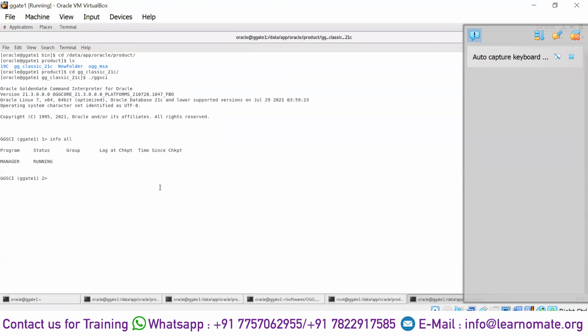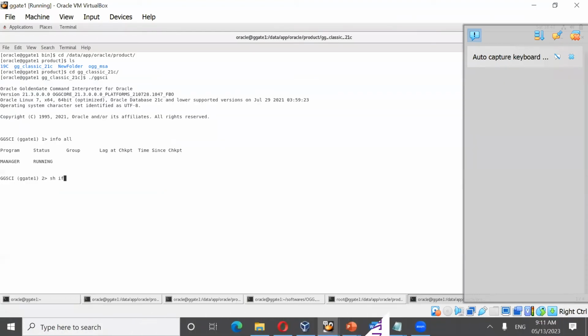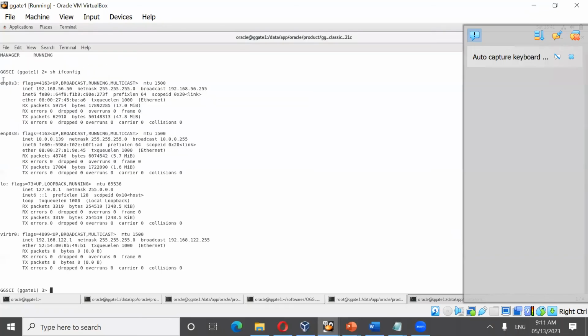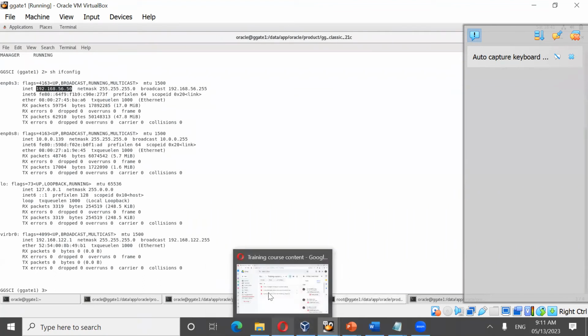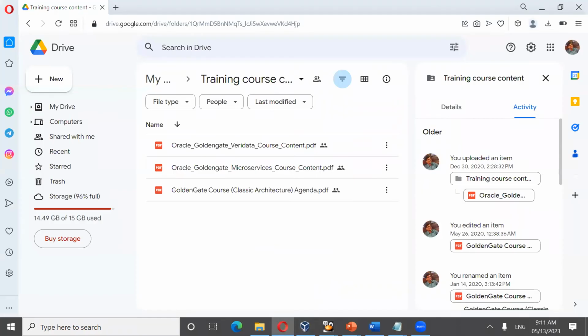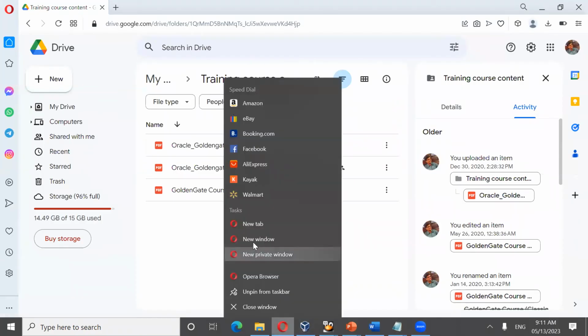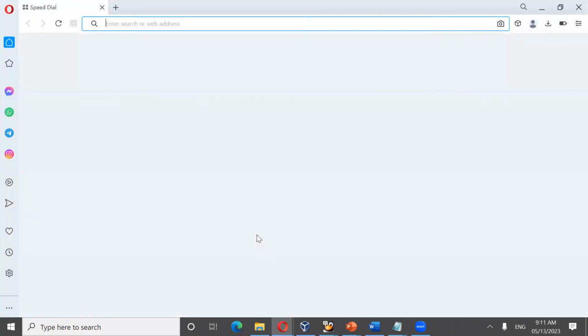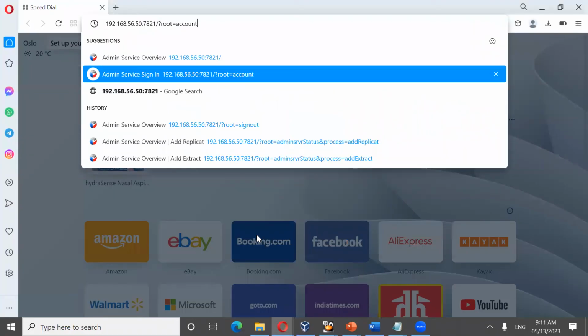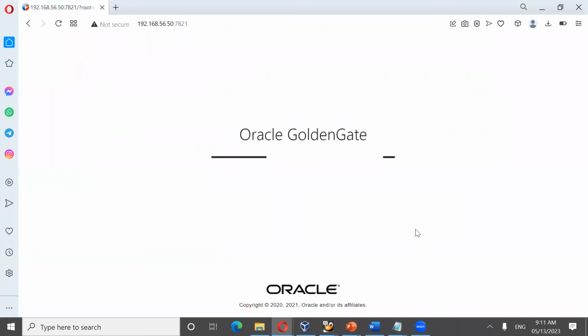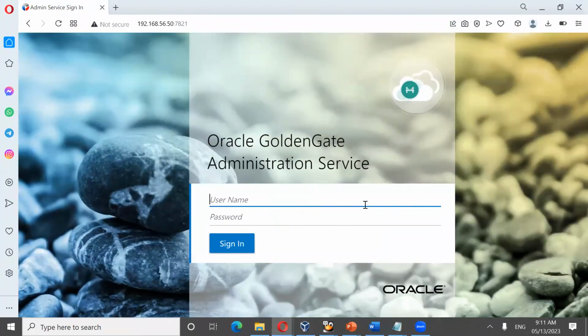Now I'll show you microservices as well. Okay, so this is microservices which will come in front of you.